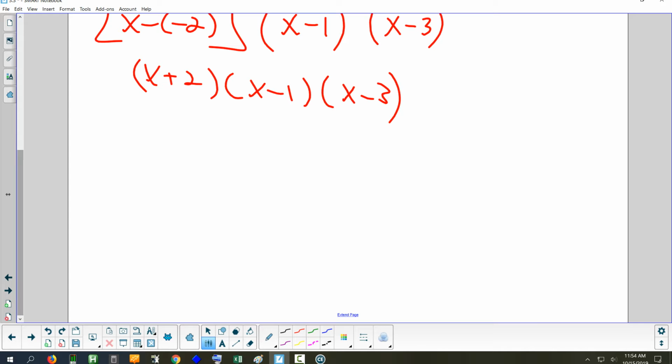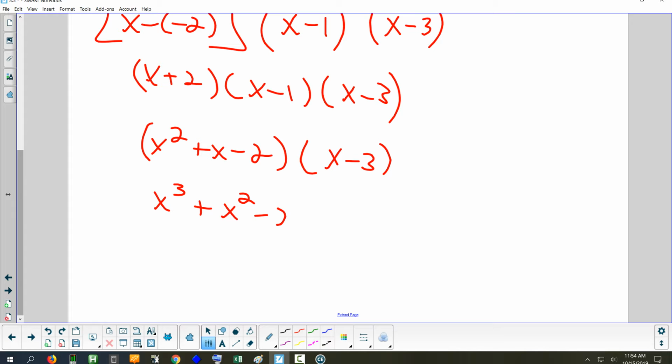Let's FOIL that out and see what we get. So we get x squared plus x minus 2. You can double check me on that. And then FOIL that out with x minus 3. So we're going to get x cubed, x squared, minus 2x, minus 3x squared, minus 3x plus 6.